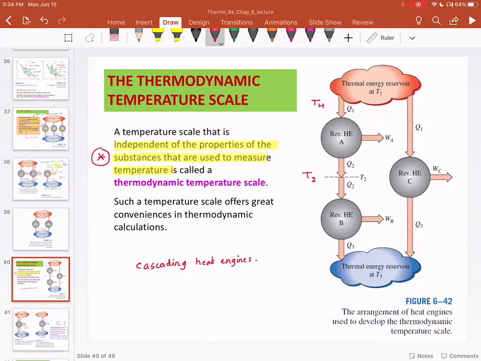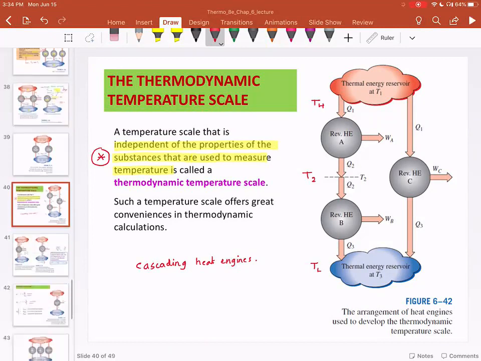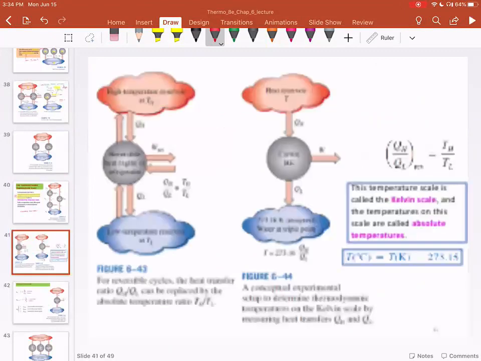This sink T2 will be the source for the reversible heat engine B that leads to the lower temperature TL or T3. So this concept of cascading reversible heat engines can be used for a thermodynamic scale.